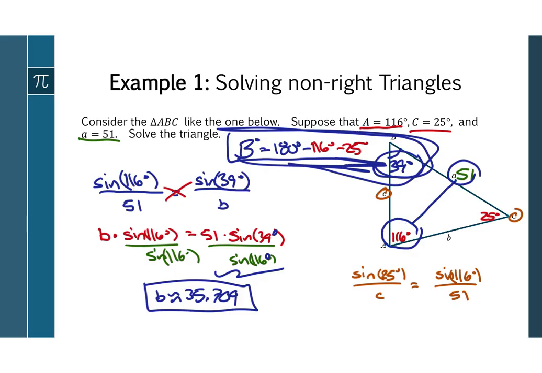The only difference from finding B is that instead of sine of 39 over b, you have sine of 25 over c. And then you're going to do exactly the same steps. We cross multiply, and then we end up getting c will be approximately 23.981. So that would be solving this triangle.